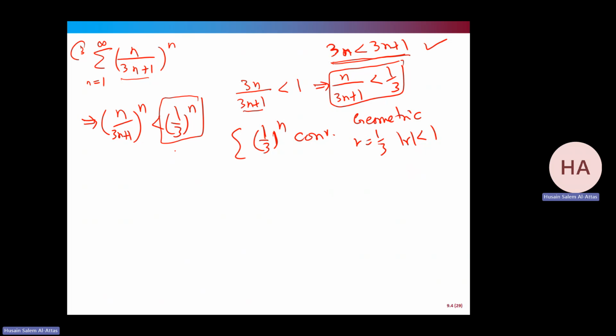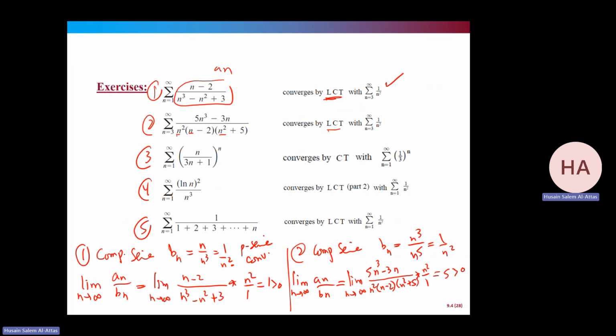If this is the bigger one and it converges, the smaller for sure will converge. So I have the summation n equal 1 to infinity of n over 3n plus 1 to the power n converges, using the comparison test with this one.